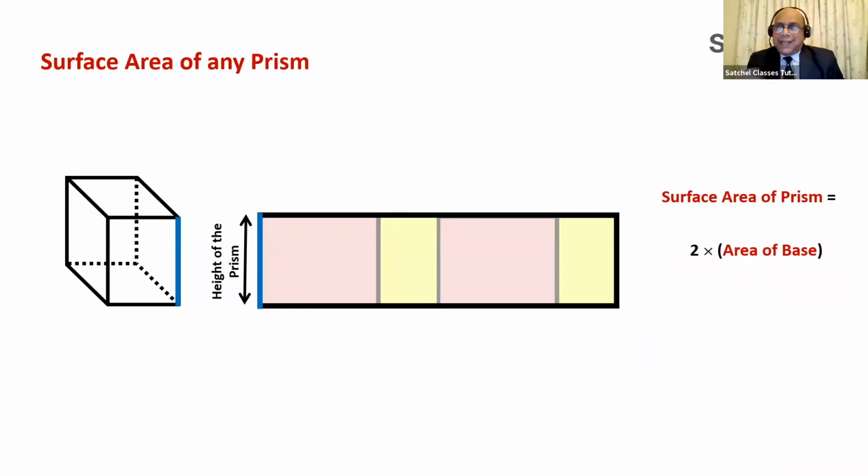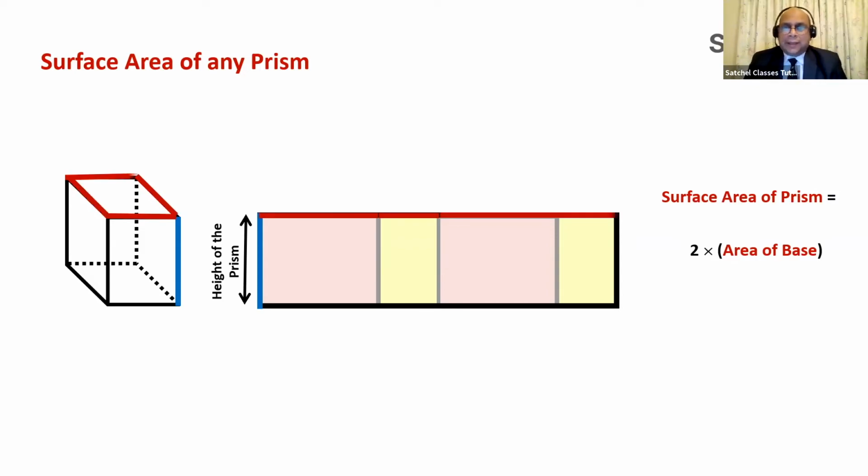What do you think is the length of this rectangle? Because remember, we have opened up all the walls to make up for this huge rectangle. The length of this rectangle will actually be the perimeter of the base of the prism, as you can see.